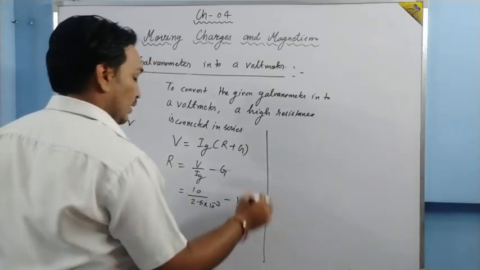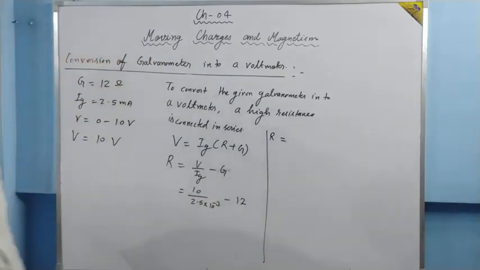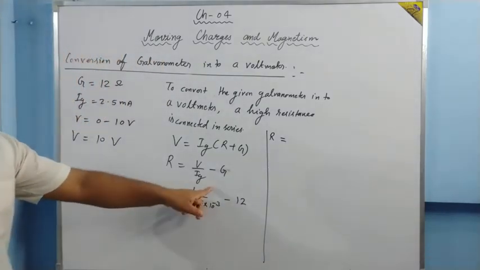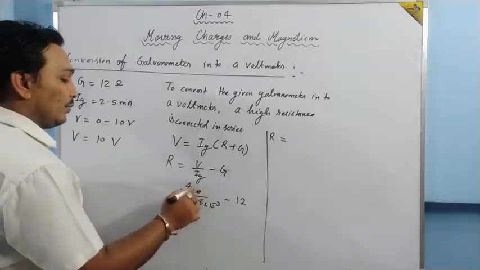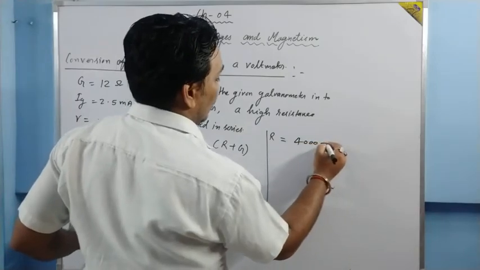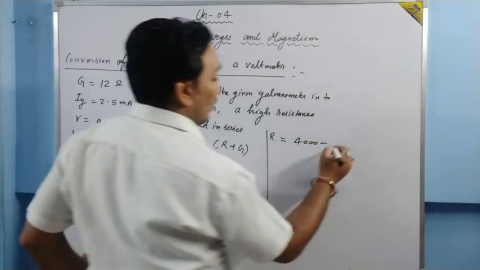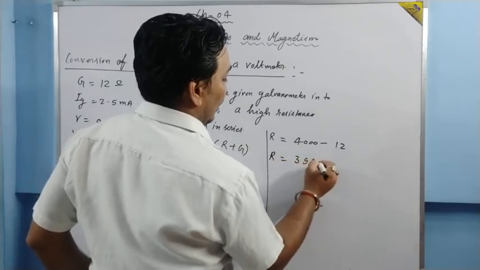When we solve it, R is equal to 10 to the power 3 in the numerator, 2.5 will cut 10 four times, 4 into 10 to the power 3, it will become 4000, minus 12. R is going to be 3988 ohm.